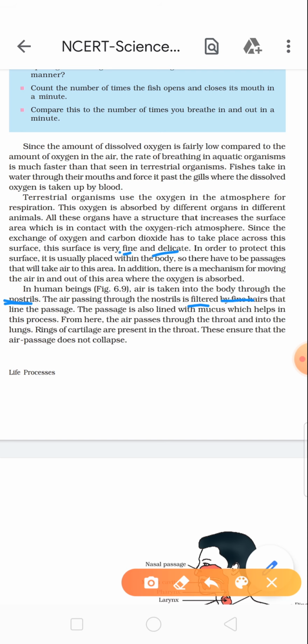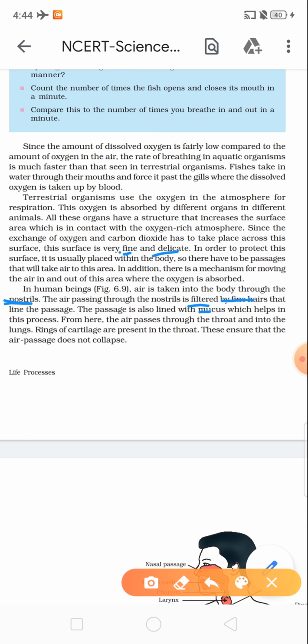The other important thing is the mucus. This mucus also helps in easy passage of the air, and it may kill some bacteria also. This mucus secretes some substance, and that substance can kill certain microorganisms also. So in your nostrils you have two important things, that is the hair and the mucus.